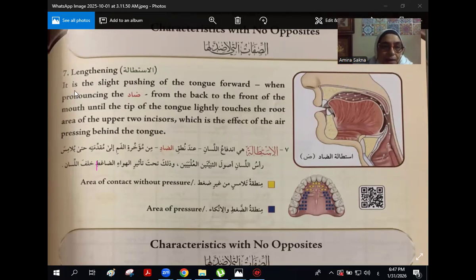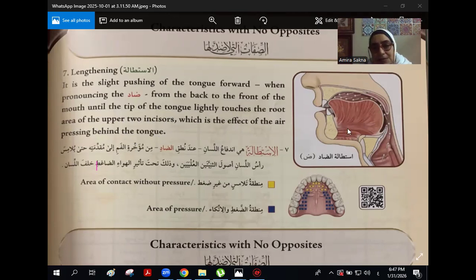Lengthening or al-istitala is the slight pushing of the tongue forward when pronouncing the dod, from the back to the front of the mouth, until the tip of the tongue lightly touches the root area of the upper 2 incisors, which is the effect of the air pressing behind the tongue.